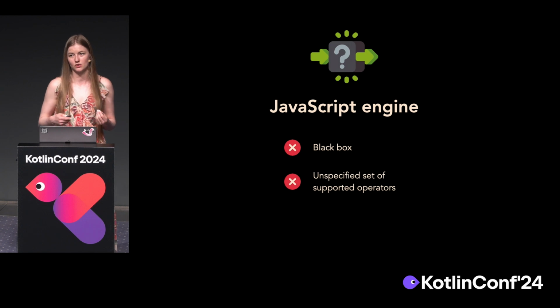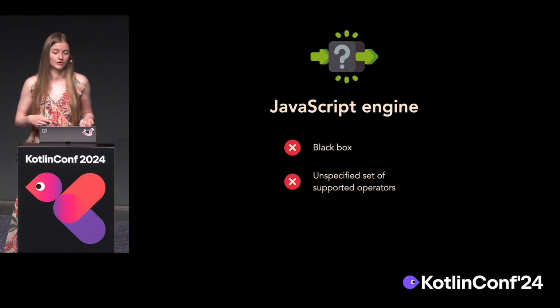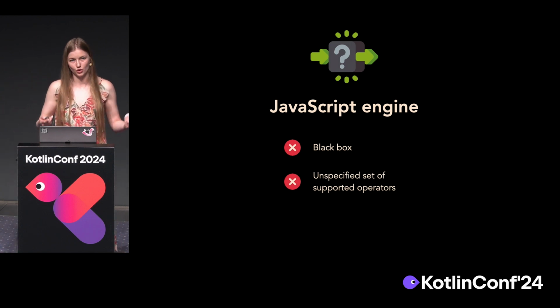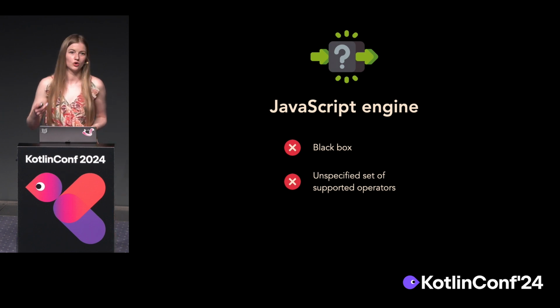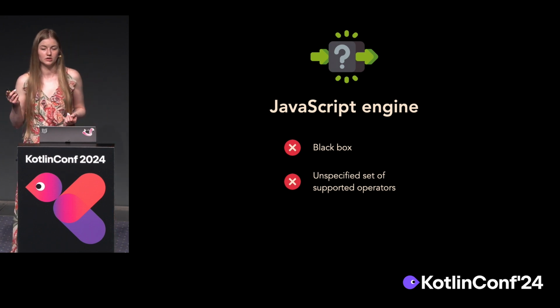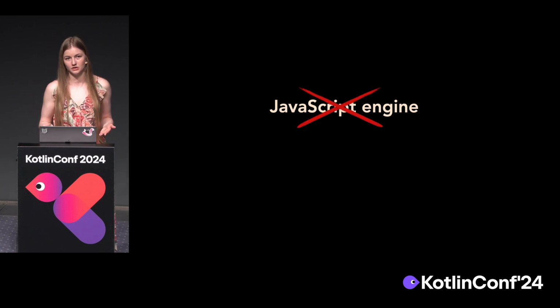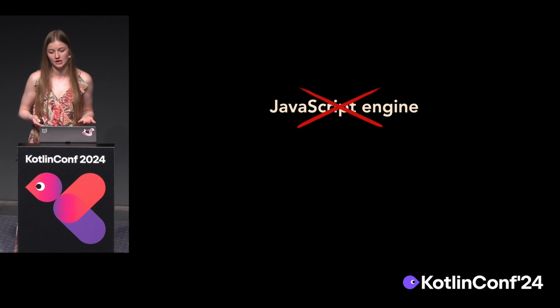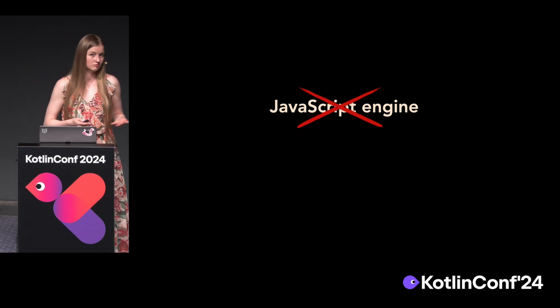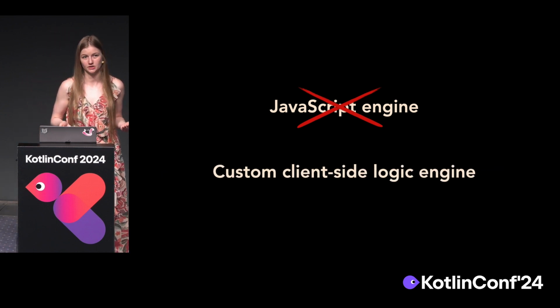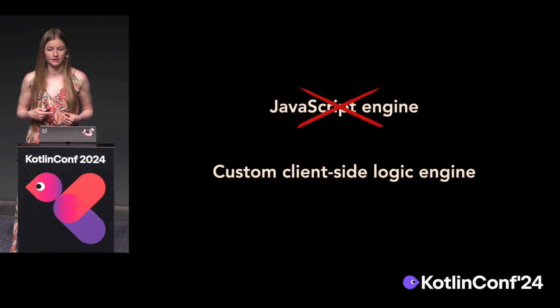And it's also hard to make sure that each of this engine will work consistently everywhere. So given all of that drawbacks, we decided that JavaScript is not a way for us because it comes with too many risks. And instead, we will create something custom. We will create custom client-side logic engine.